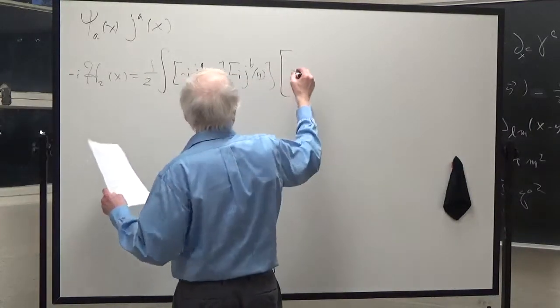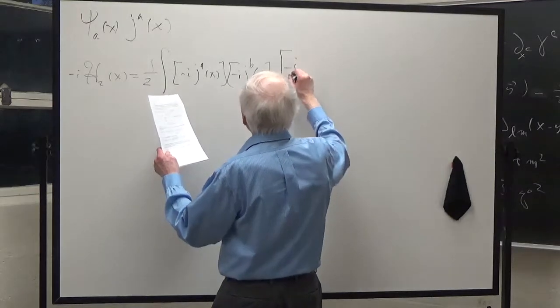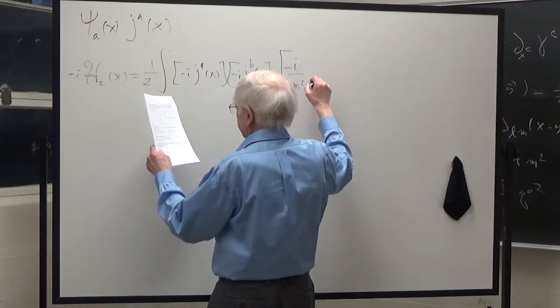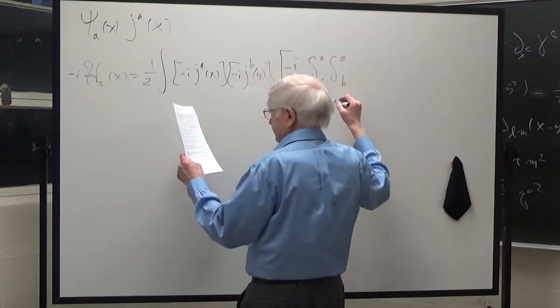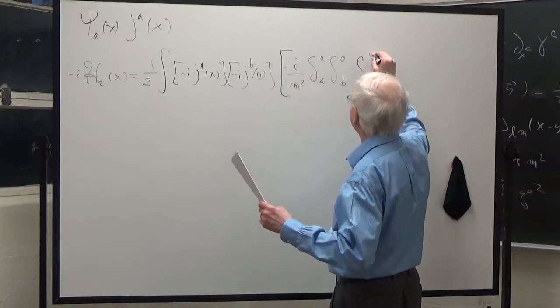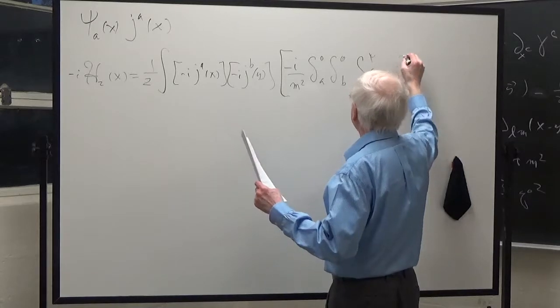And so I'm just going to put in the awkward term now. Minus i over m squared, delta 0A, delta 0B, delta 4 of X minus Y.